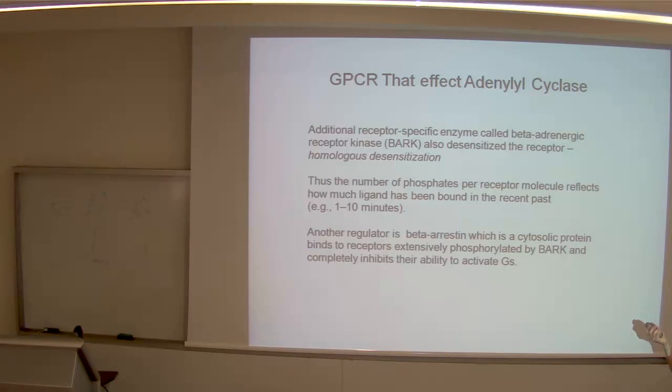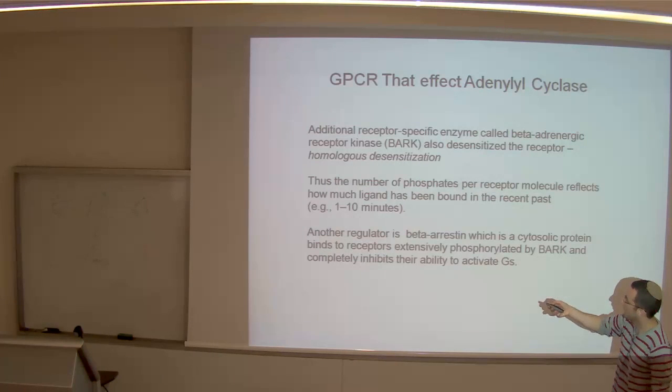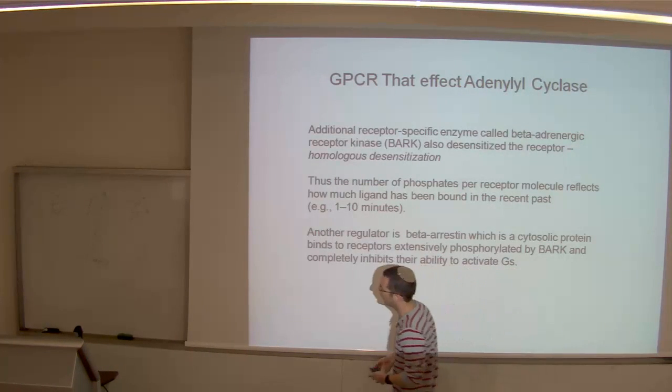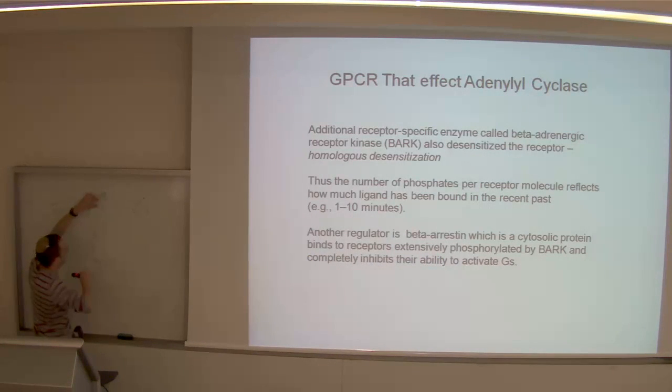In homologous desensitization, the number of phosphates per receptor can be roughly used to estimate how much ligand has been bound in the recent past, say 10 minutes back. Because again, if you expose this hormone long enough to the receptor, it will initiate a cascade in which some kinases act. If you have a pure homologous desensitization, then these receptors will start to accumulate phosphate groups.